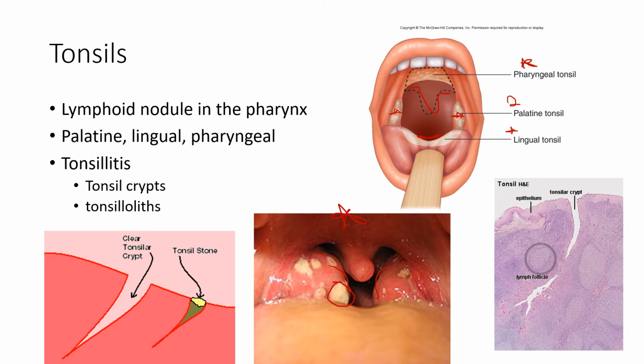Something that can happen in your tonsils is tonsil crypts becoming filled with tonsil stones. Tonsil crypts are kind of just like a pore. So it's just this little structure kind of coming down here. And in that crypt, you can get these tonsilliths, or tonsil stones.